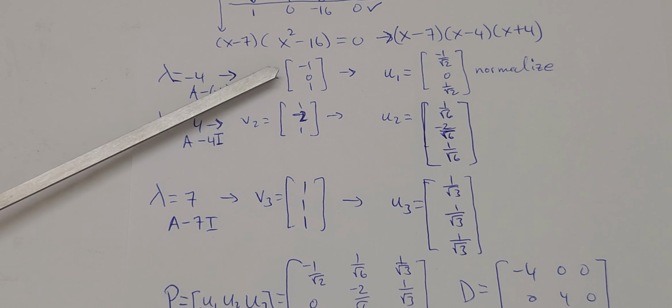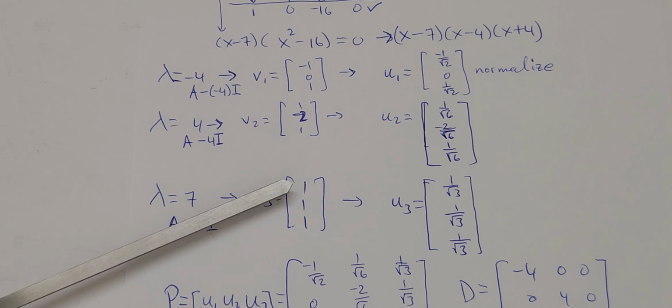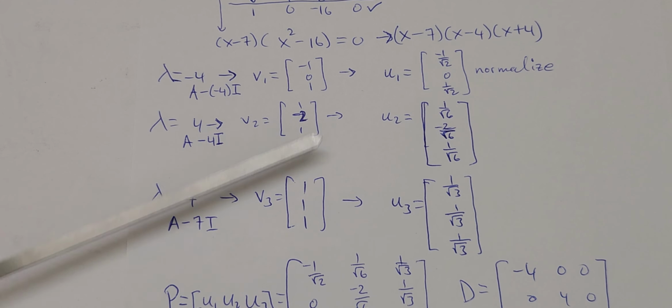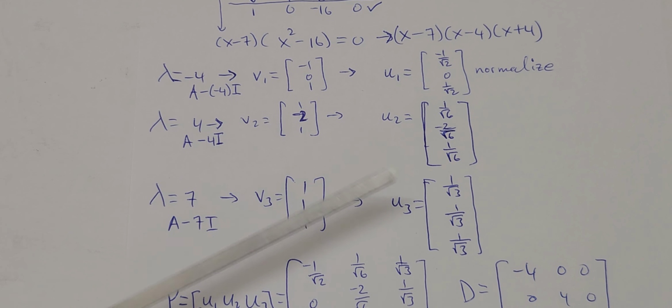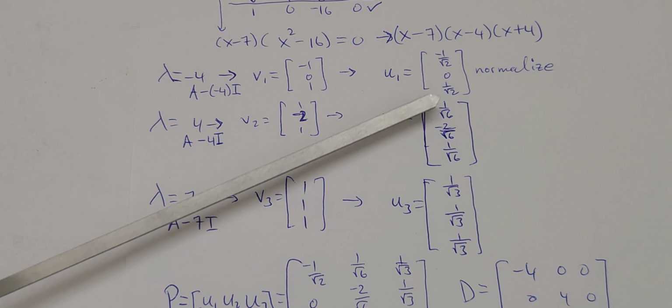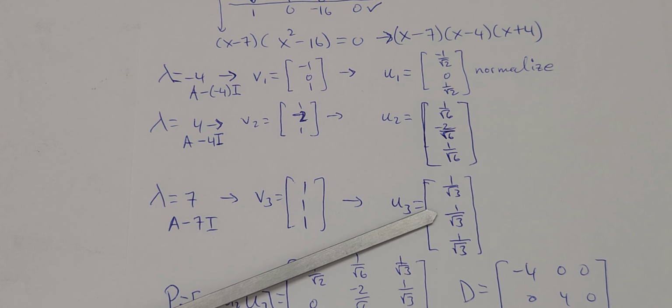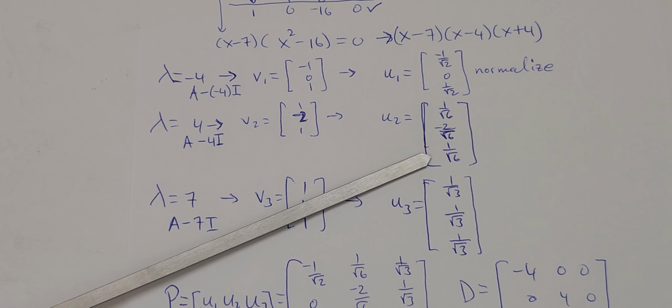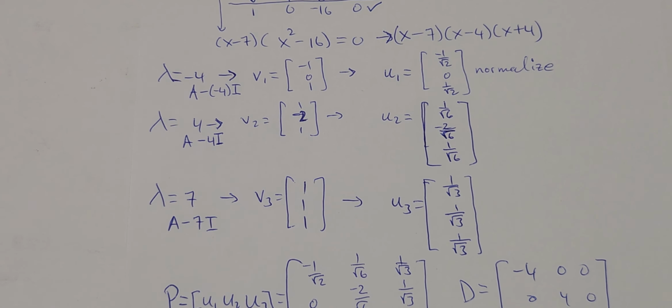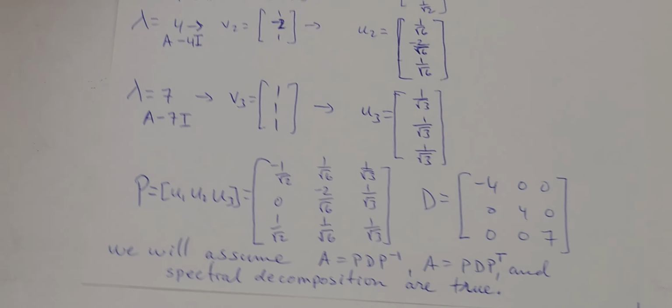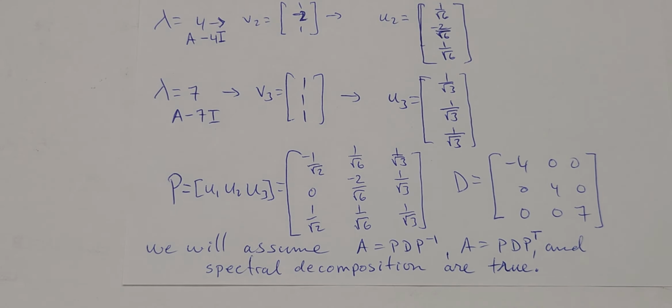So these right here are regular eigenvectors. This is for diagonalize. This right here is the normalized eigenvector. So this is for orthogonal diagonalize. Go back to here so you can see the difference. This right here is diagonalize. This right here is orthogonally diagonalize. And then spectral decomposition.